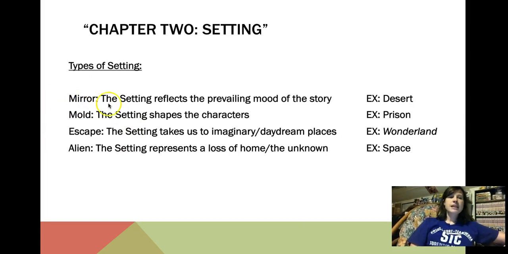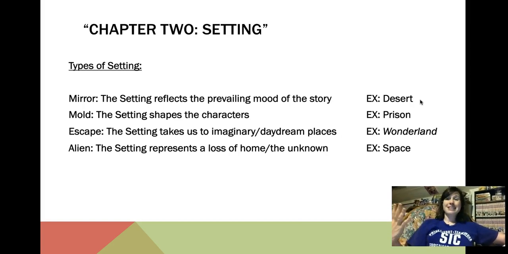The first type of setting is a mirror. And a mirror setting is exactly that. It reflects the mood of a story. So for example, an author could use the desert. Think of Star Wars, The Force Awakens, when we see Finn walking through the desert, and he's sweating, and he's desperate, and he's tired, and he's exhausted.